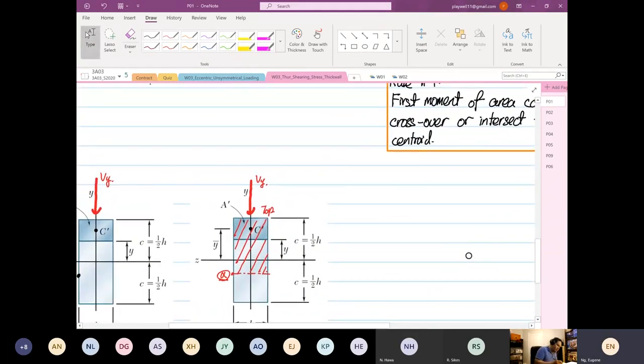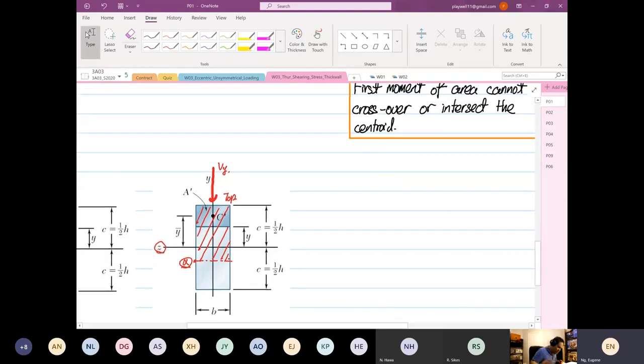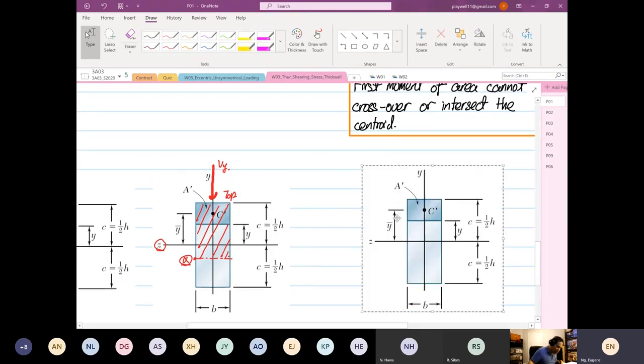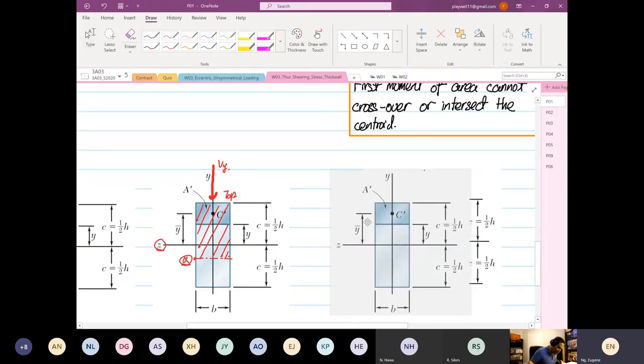So for the first moment of area, the axis where the moment is going to rotate, the area is going to rotate about the z-axis. You cannot intersect the rotation moment. So the only way to do this is, no doubt, your shear force is still coming from vertical, still coming from the top.